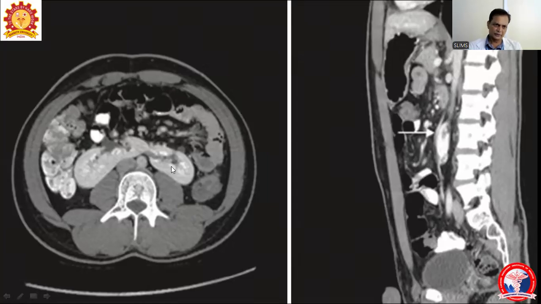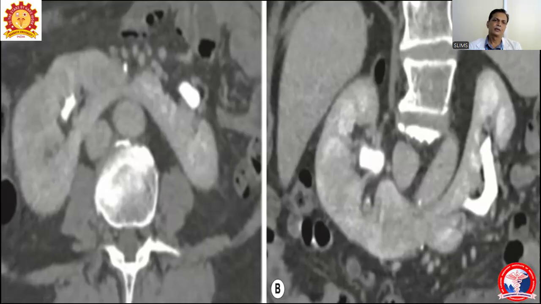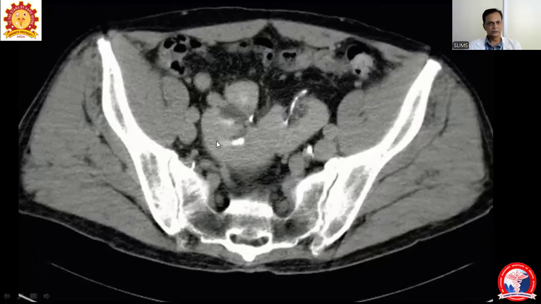This is just to get fused lower poles of the kidney. This is horseshoe kidney, and mid-sagittal section shows there is a band in between the two kidneys. That's called sometimes isthmus. Here again, we are seeing horseshoe kidney. This is the kidney.